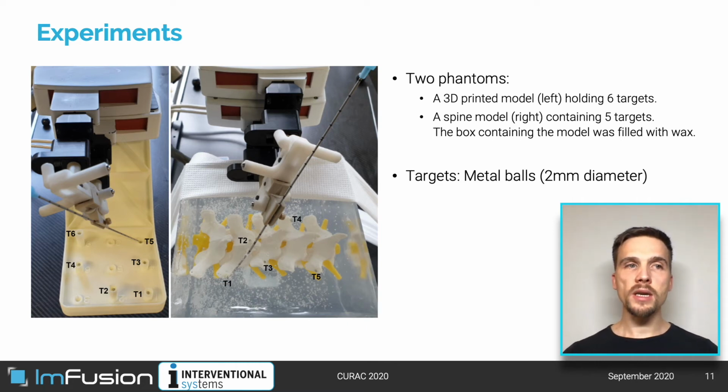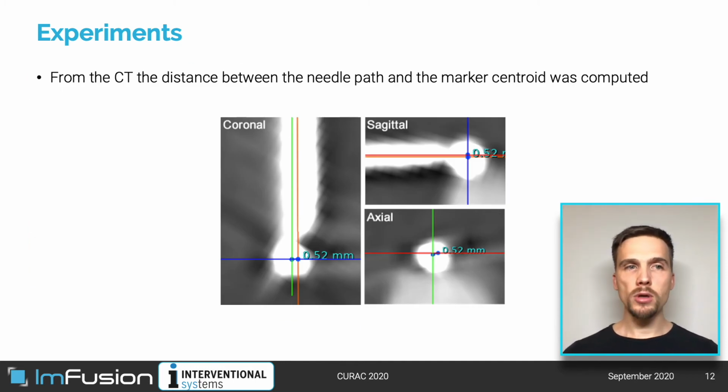So what we now did for evaluation is, for each of these targets, we planned a trajectory and executed the needle insertion. And afterwards, we took a CT with the very same C-arm we used. Evaluation was done manually. So we took the CT, we annotated the needle path, and measured the distance to the centroid of the marker.